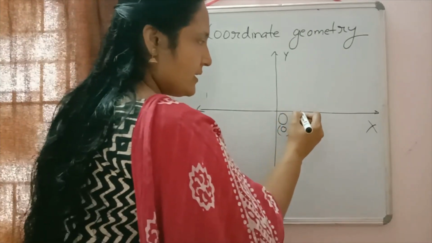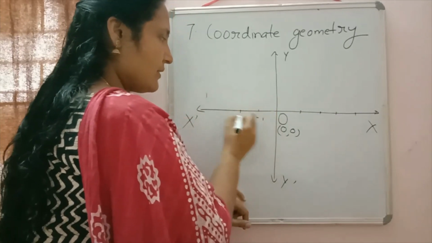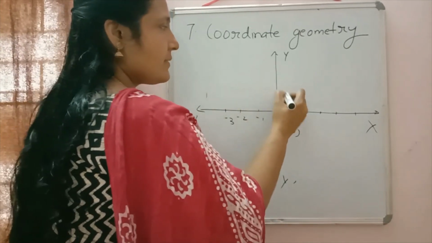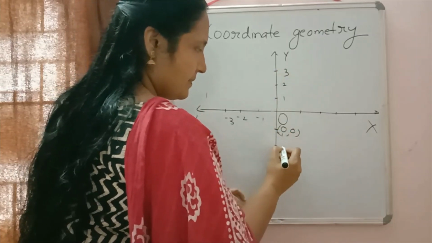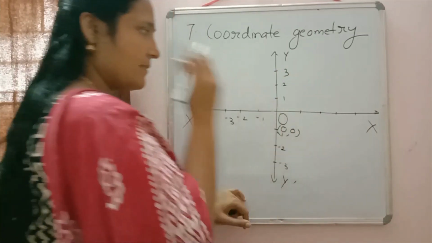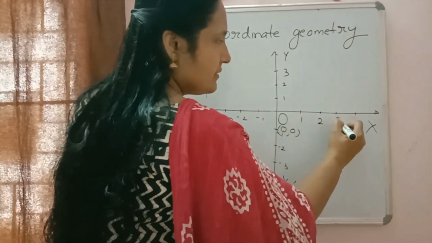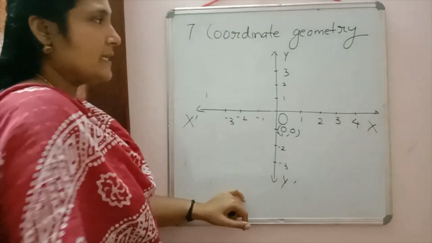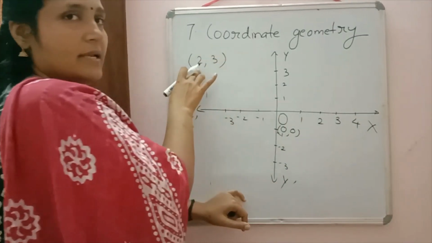Now, if a point is on x-axis or y-axis, what will be its form? That we can check. Suppose coordinate of any point is 2, 3, what does it mean? Whenever we write, we write the x coordinate first.